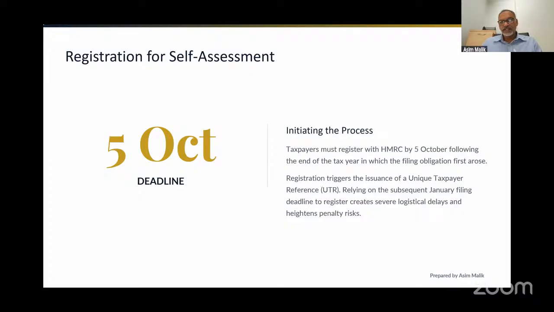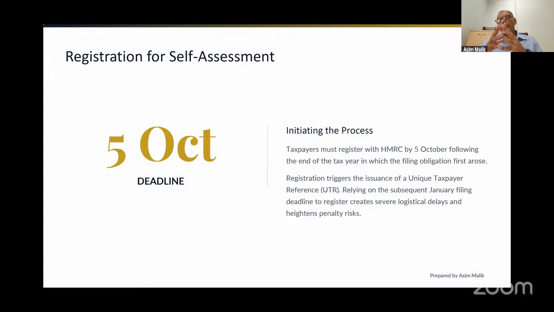Like I said, a UTR number is unique to every individual. There are occasions where they can change it, but normally it stays with you for the rest of your life, whether or not you file a tax return in future. Once a UTR is allocated, that's HMRC saying that a record has been created for you.